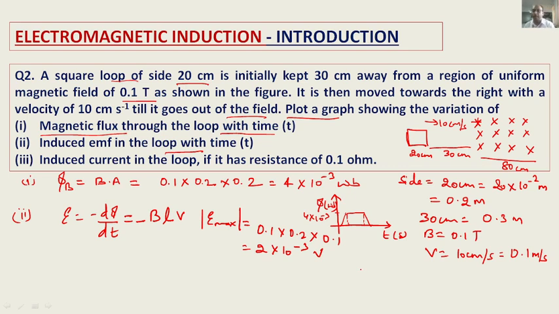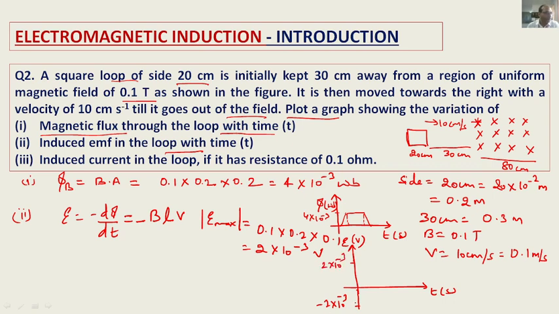Now this can also be plotted in this way, time in second and EMF in volt, and both positive and negative will be there: minus 2 into 10 to the power minus 3 and plus 2 into 10 power of minus 3.